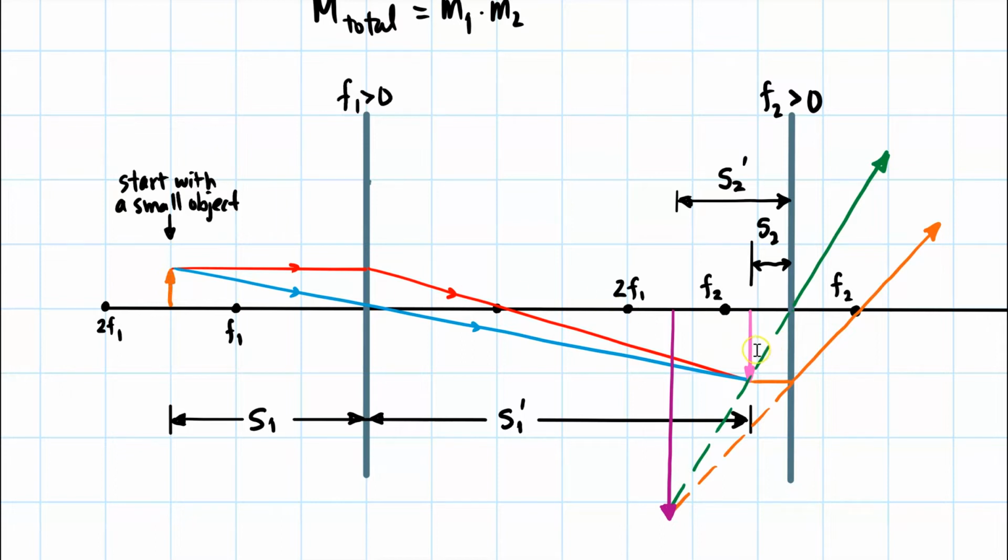When I get to the image produced by lens 1, you can see that it's bigger than 1 square. Now this image is the object for lens 2, and you can see that it gets magnified again. So there are 2 magnifications. That's what a microscope effectively does.